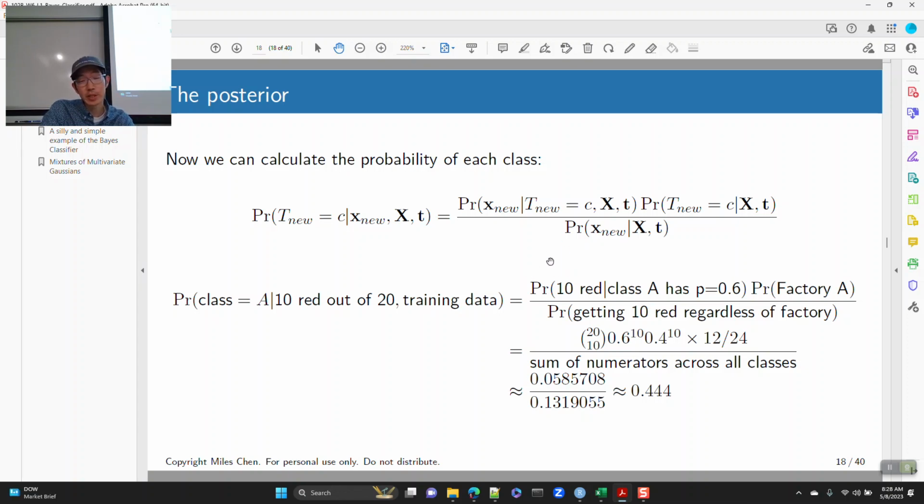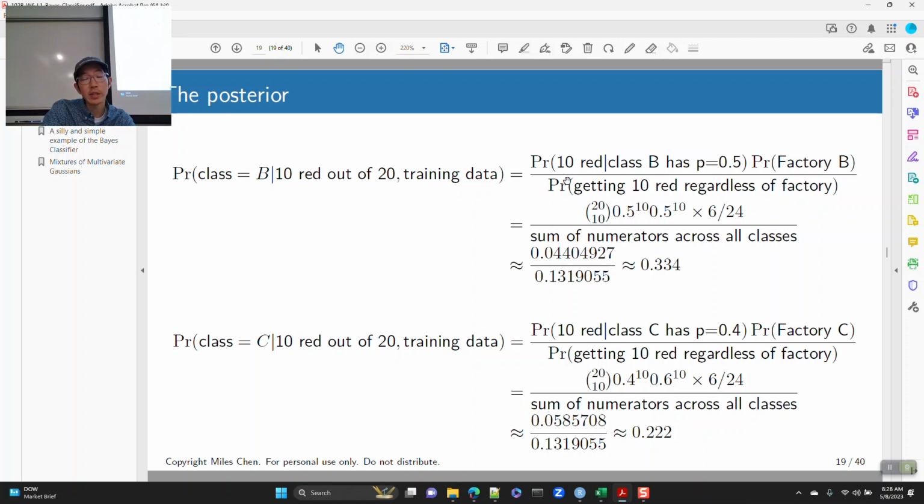We ask, what is the probability of getting 10 red if it came from class A, multiplied by the prior probability that it came from class A, and then divide by the marginal probability, which is the probability of getting 10 red regardless of which factory it came from. The denominator is the sum of the numerators across all possible classes, which is 0.1319, and the numerator for class A is 0.0585.